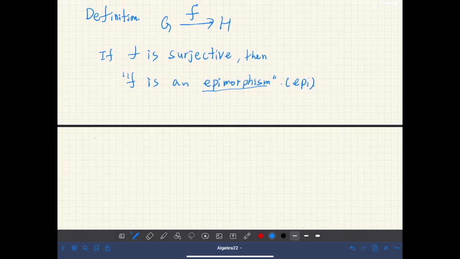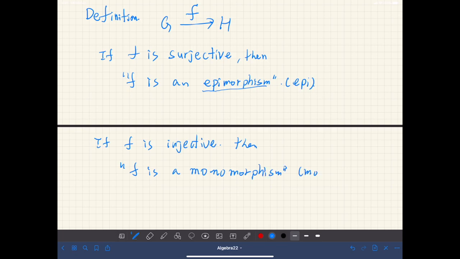And if F is injective, then we say F is a monomorphism, or simply mono.